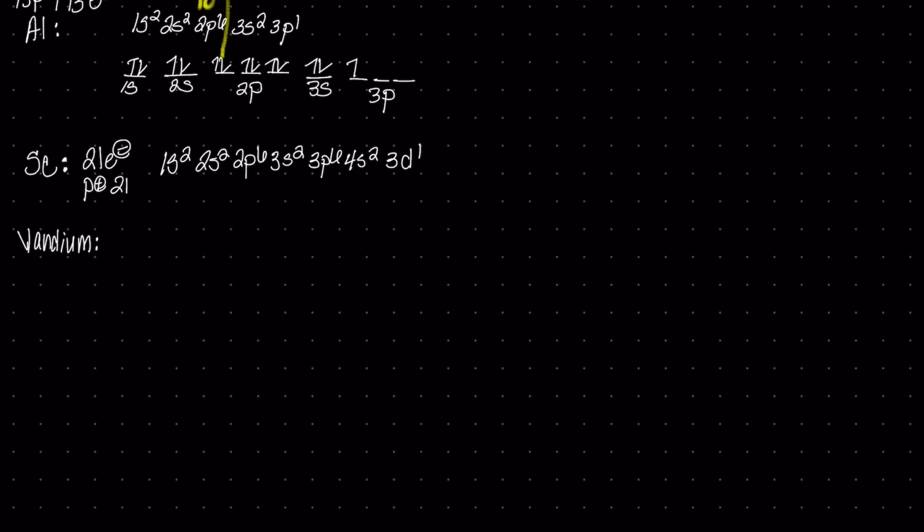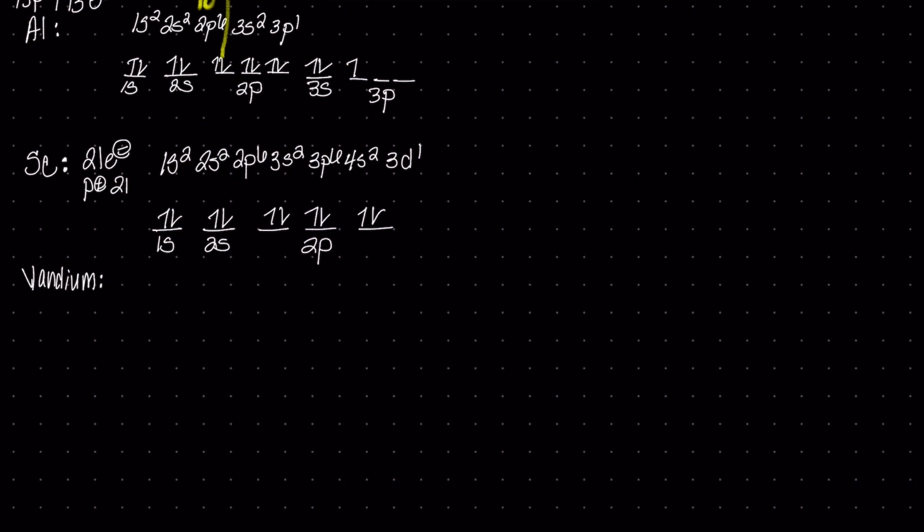Same principles apply. We're going to build our house from our address. So let's get into it. We got 1s with 2 in it, then we got 2s with 2 electrons, 2p, a p orbital, has 3 rooms. They can hold 6 electrons.